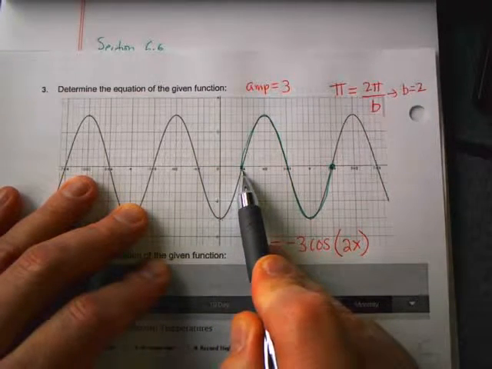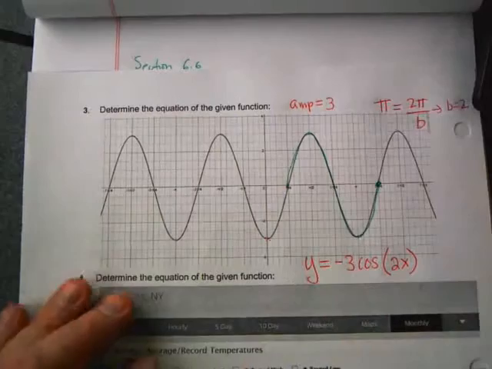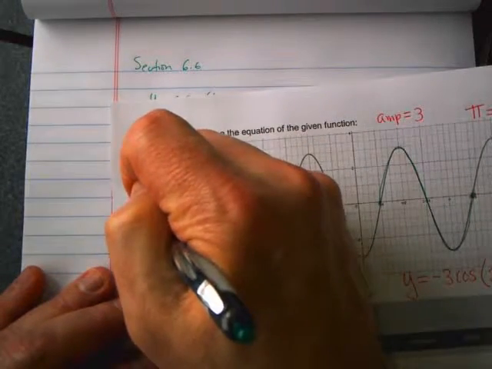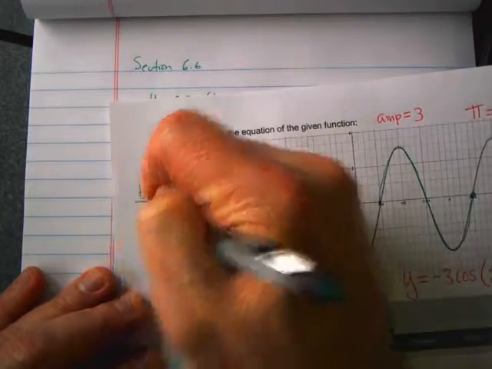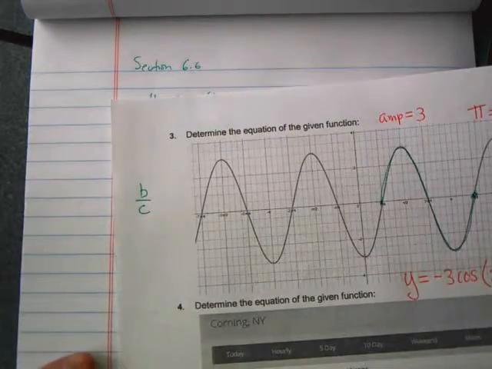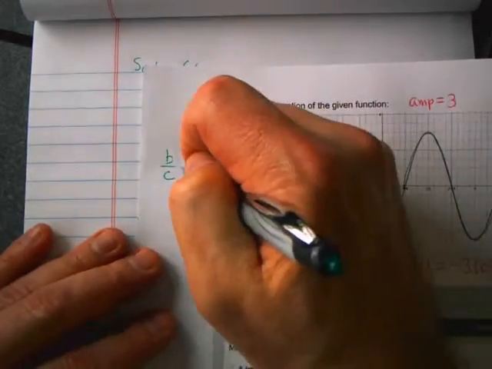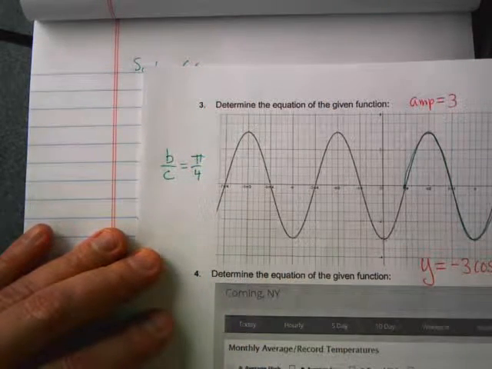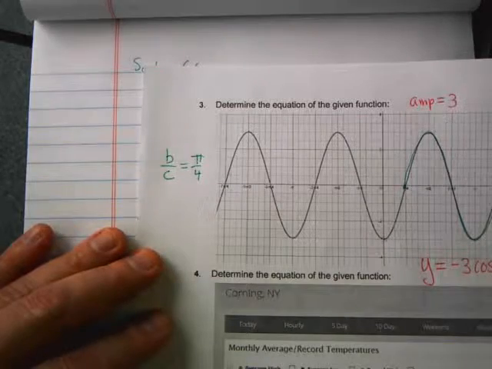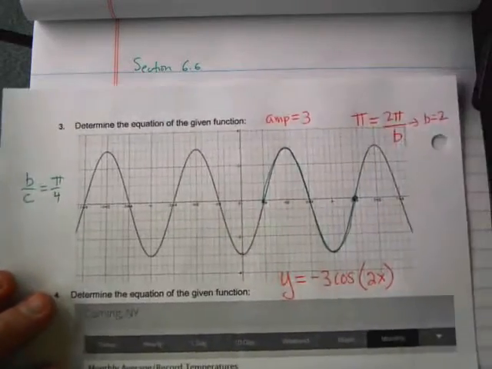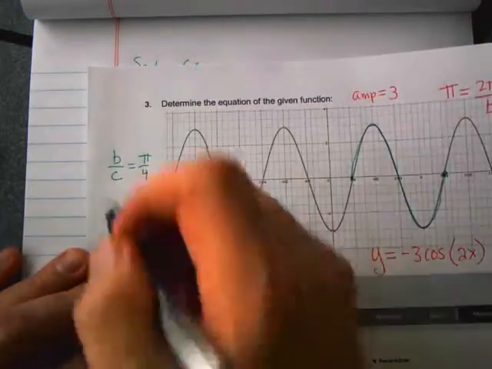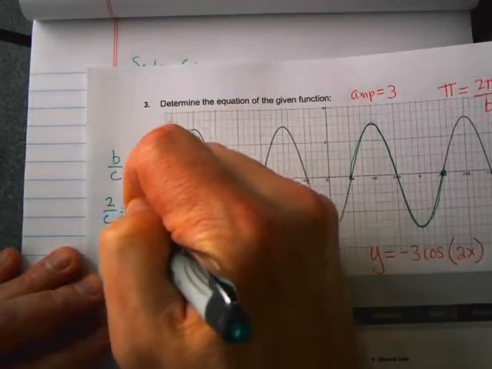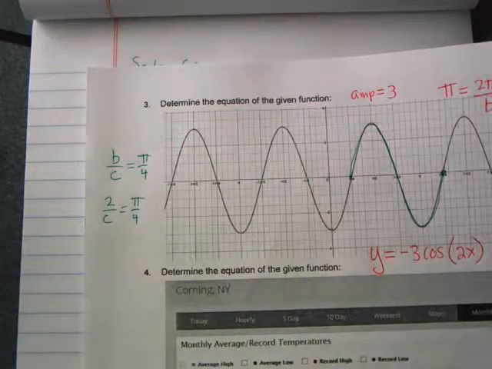Pi over 4. So, to find my phase shift, I take b divided by c, which means b divided by c would have to be pi over 4. But we already figured out the b number. What was our b number again? 2. So I know 2 over c has to be pi over 4. How would you solve that equation?